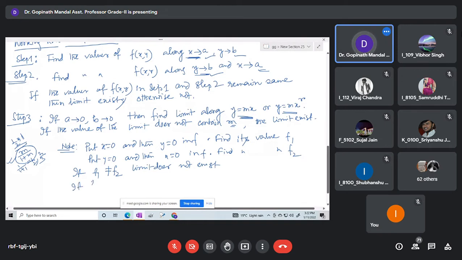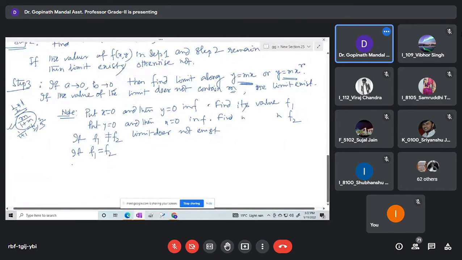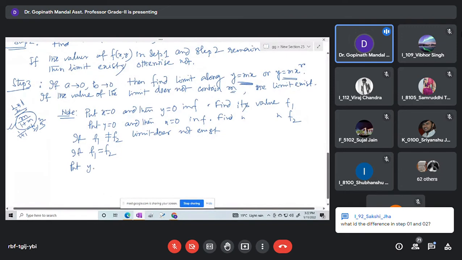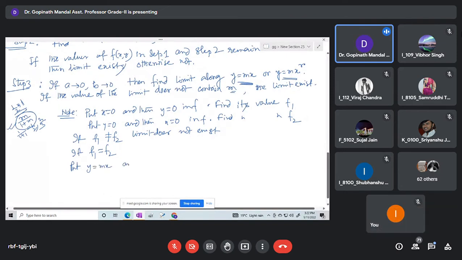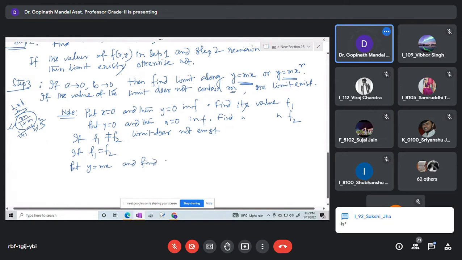Now if f1 equal to f2, then we have to check again. Put y equal to mx and then find the limit, f3.